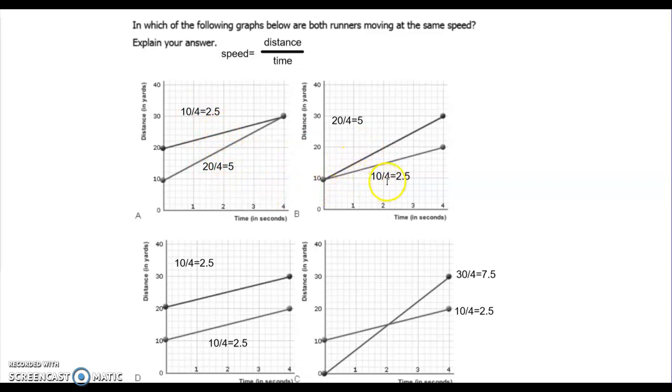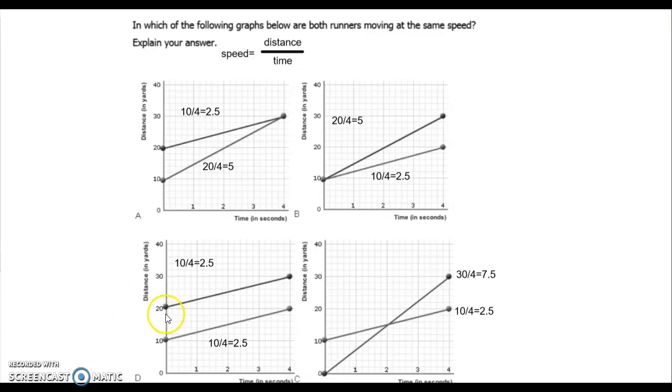Over here I have 10 yards because it went from 20, subtract 10, see the difference here, divided by 4 seconds, see the 4 seconds, equals 2 5/10 or 2.5 yards per second.